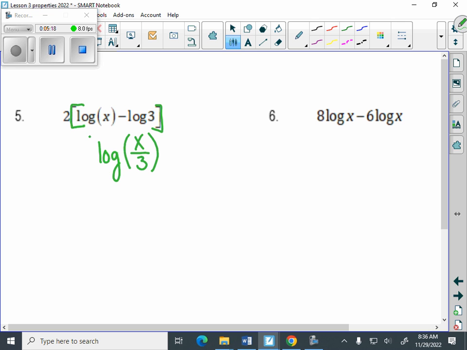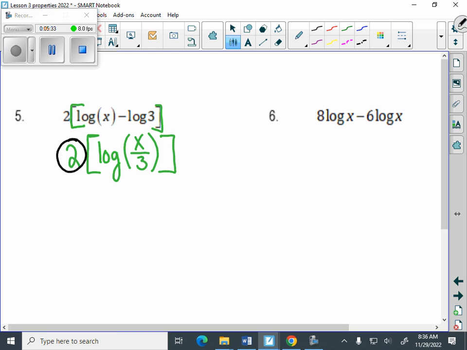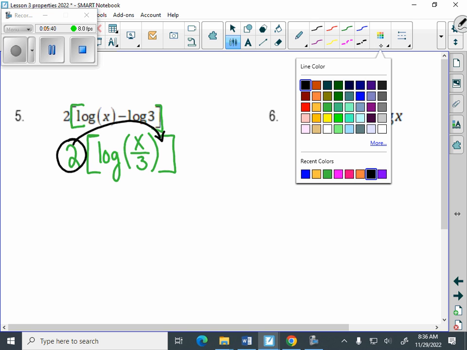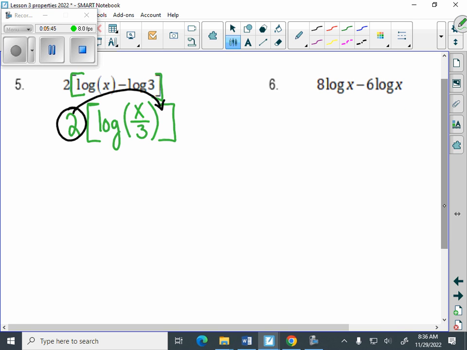Now we still have this 2 out in front of it, but a coefficient, a number in front of a logarithm, is simply going to become an exponent using the power property of logarithms. So when we finish this particular problem, this becomes log of x over 3 squared.